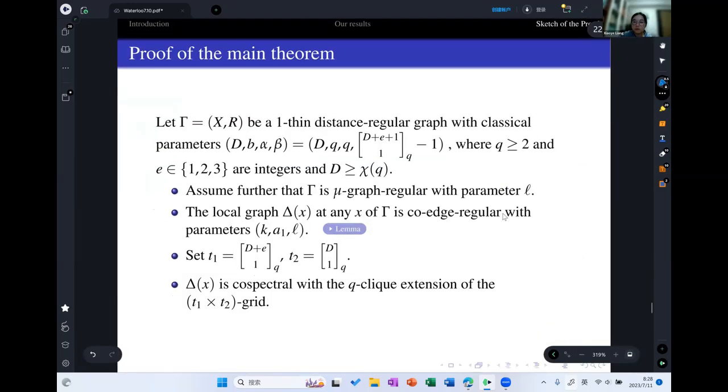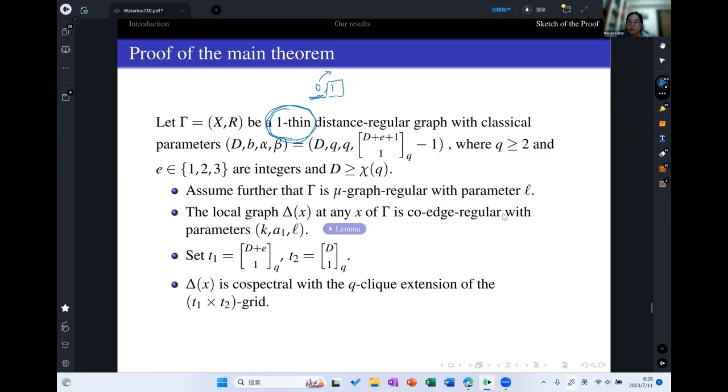Because our condition is one-thin, one-thin means the irreducible T-modules of endpoint 0 and 1 are thin. If the endpoint is 0, there is a unique T-module of the graph, and we know it clearly.